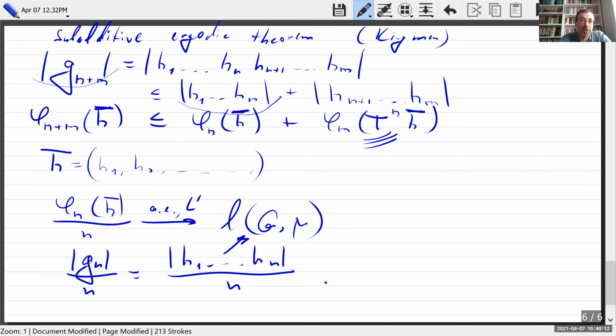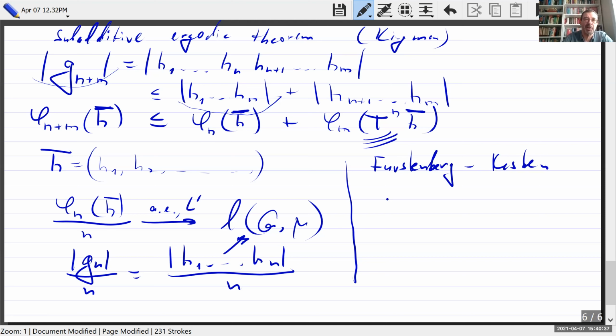This result is also quite often used for matrices, where it is what is known as the Furstenberg-Kesten theorem, which says the following. It's essentially the same.